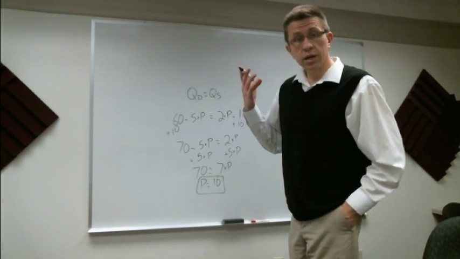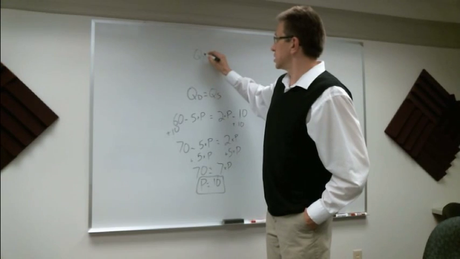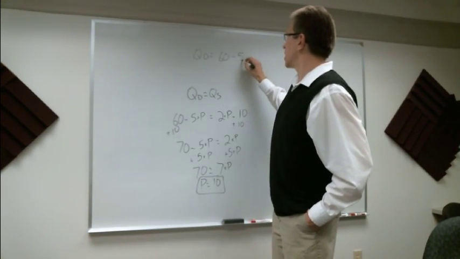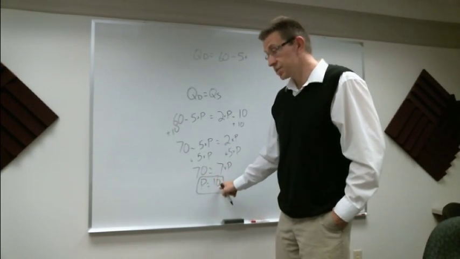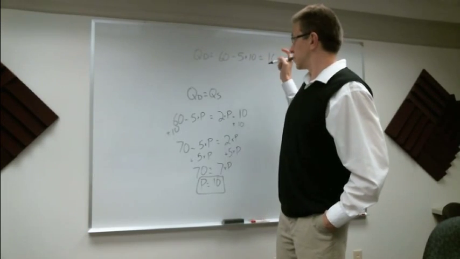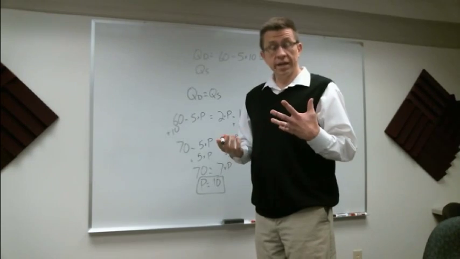For our equilibrium quantity, we plug the price back into the equations. Our quantity demanded equals 60 minus 5 times the price, but the price is 10. So that's 10 units, since 60 minus 50 is 10. Quantity supplied needs to match up.